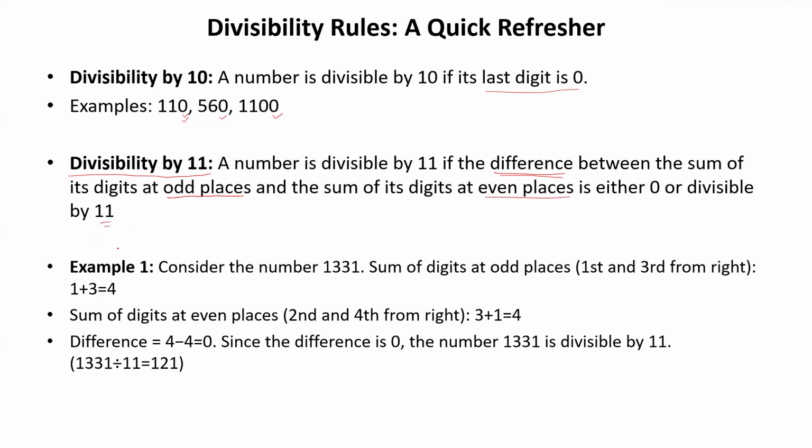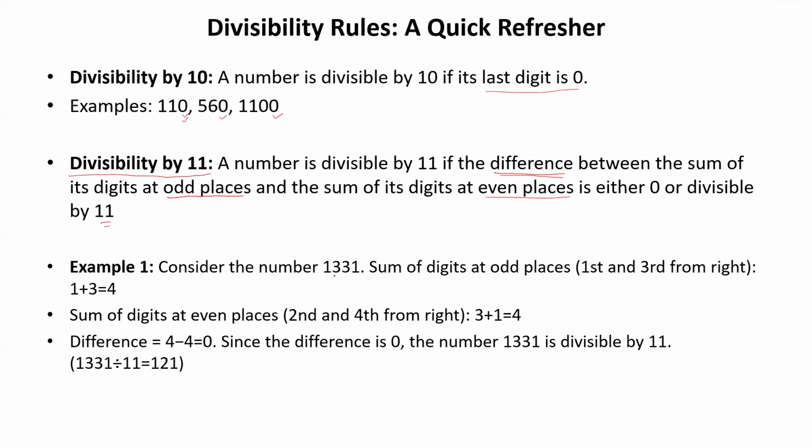So what you have to do, you have to add the digits placed on even places as well as odd places and compute the difference. If the difference is either 0 or 11 or divisible by 11, that means your number is divisible by 11.